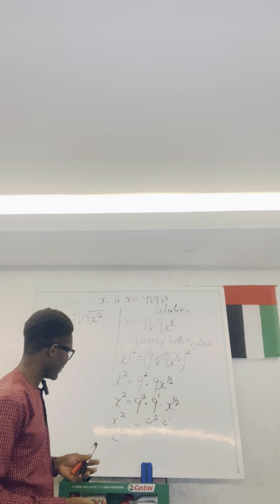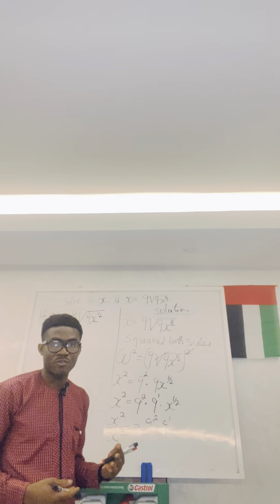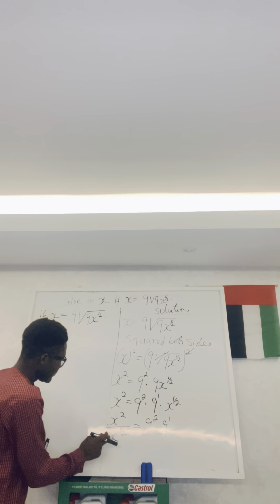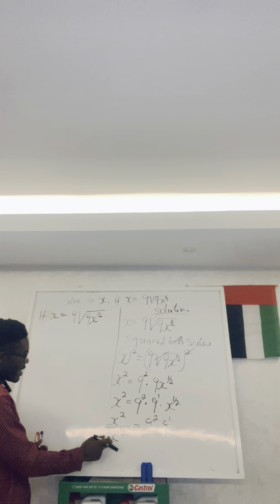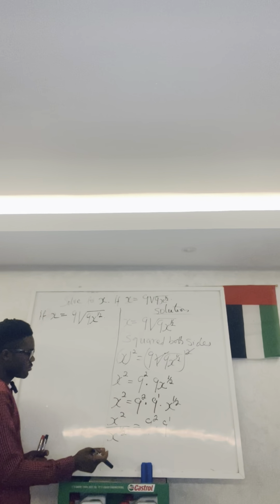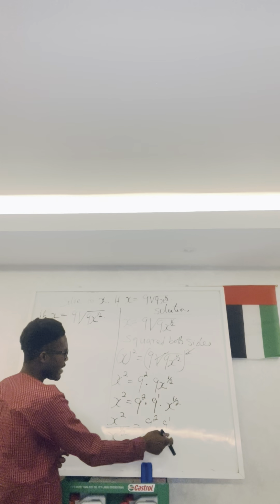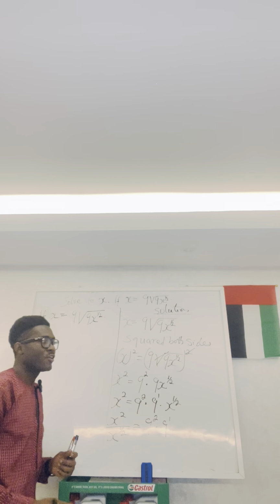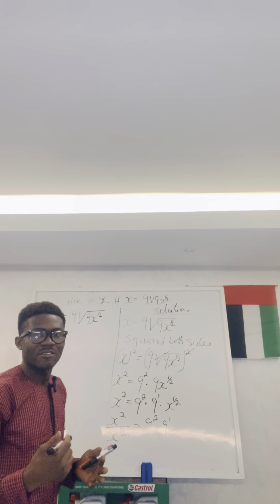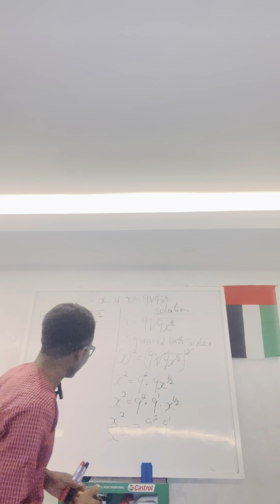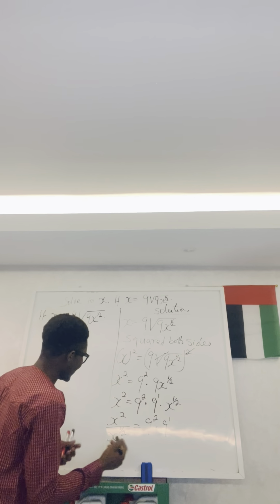So the next thing you need to do now, since here I have to do with indices, numbers with power, is this. When we talk about indices, we talk about numbers with powers. And we have x squared divided by x raised to the power of 1 over 2 equals 9 raised to the power of 2 times 9 raised to the power of 1. You now recall the rules and laws of indices.